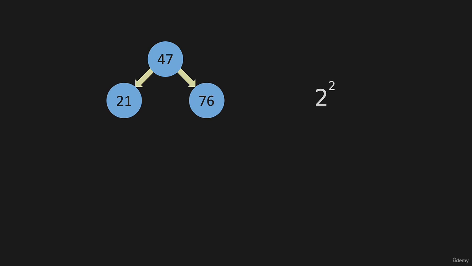Now, if you're going to look for a node in this tree, it's going to take 1 step, obviously. But when we go to 2 levels, let's say we're going to look for the number 76, that is 2 steps. So we have 2 to the 2 nodes, approximately, and it took us 2 steps to find something.